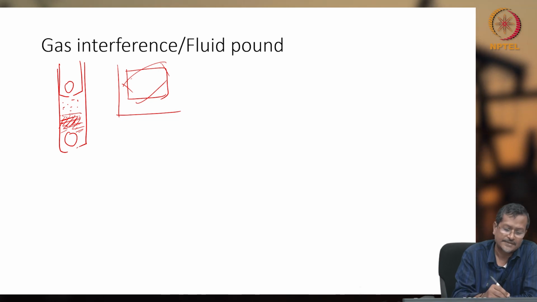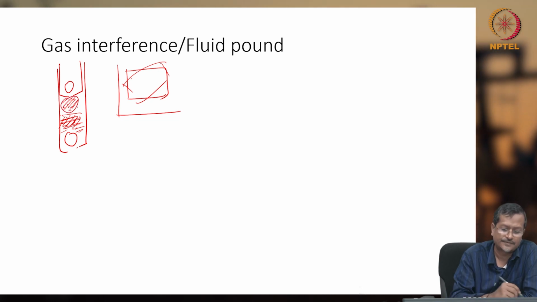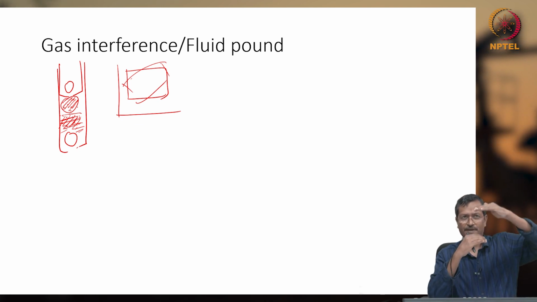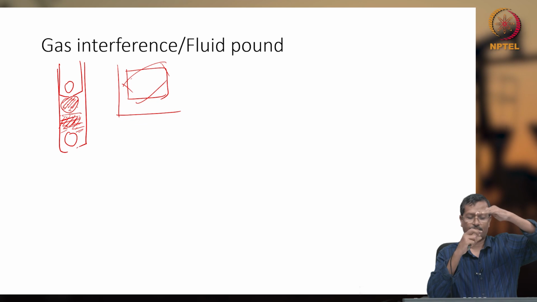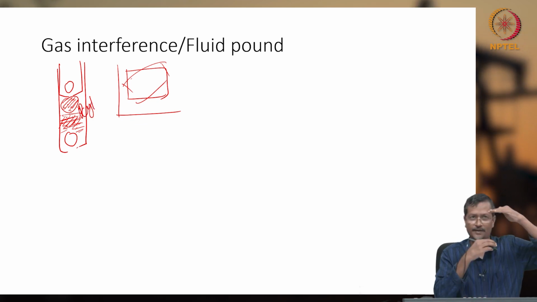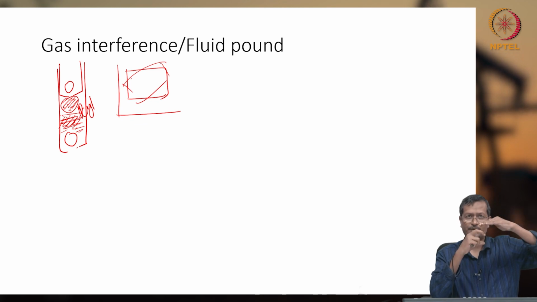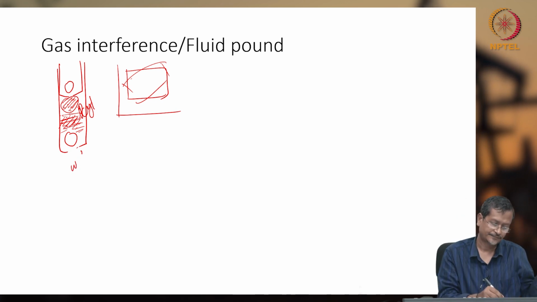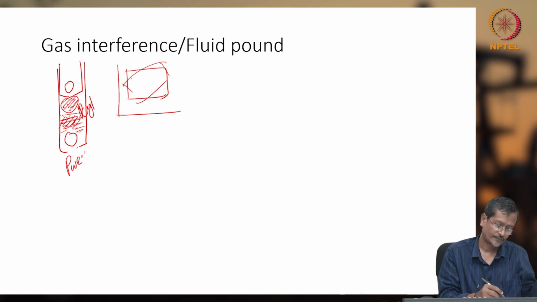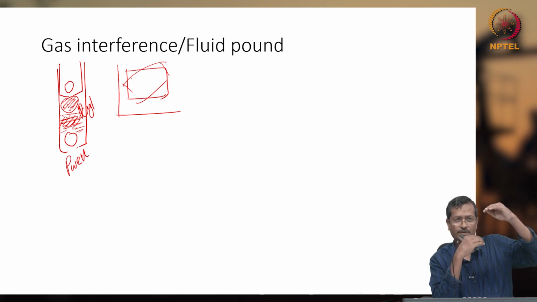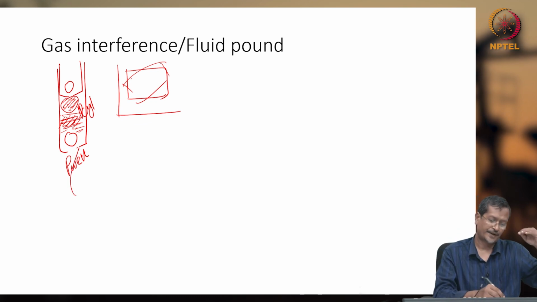Let's say you are creating low pressure because the plunger is moving up, so the cylinder pressure must be lower. Wellbore pressure is higher, cylinder pressure lower, so wellbore fluid will be entering this.